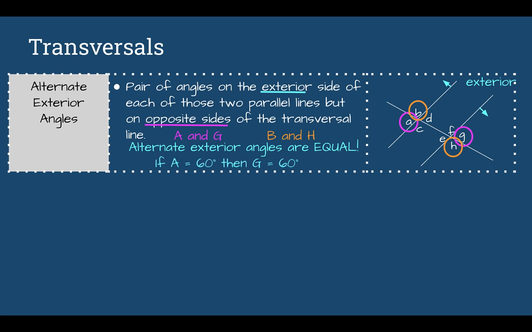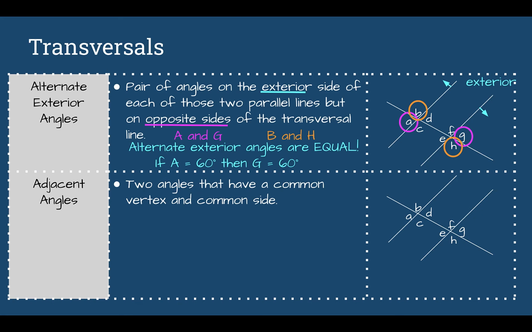So if you know A, say it was 60, then G would also be 60. Or if B was 100, then H would be 100. So alternate exterior angles are equal. So far, both sets of pairs that we've seen are equal.